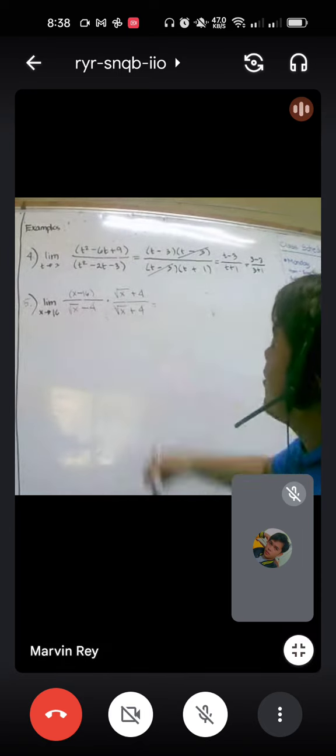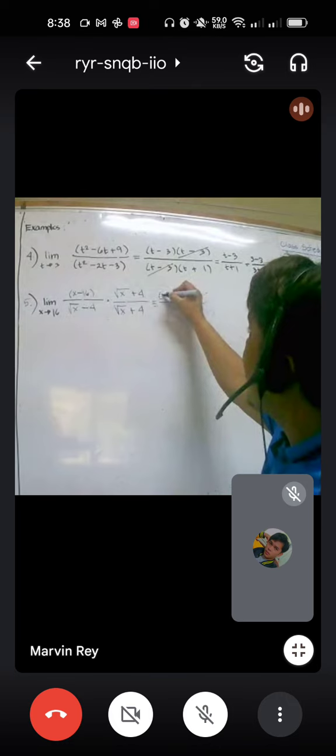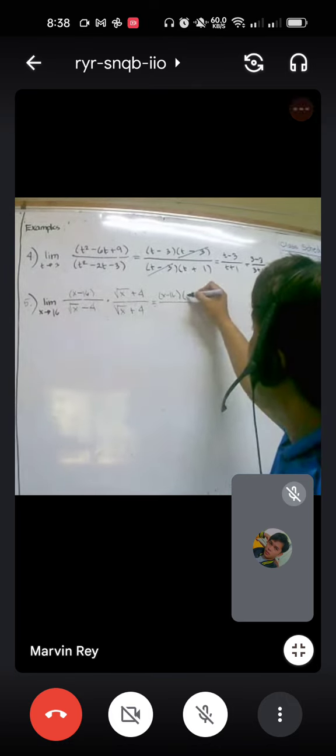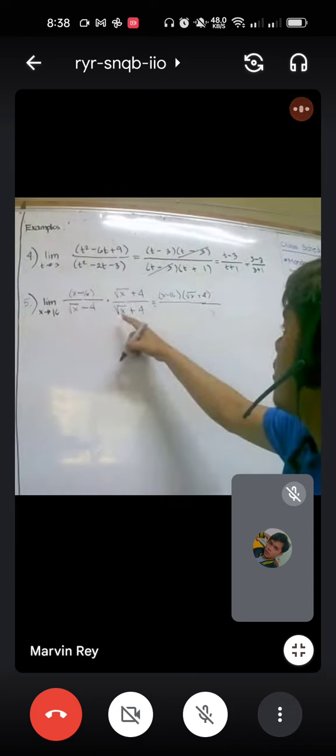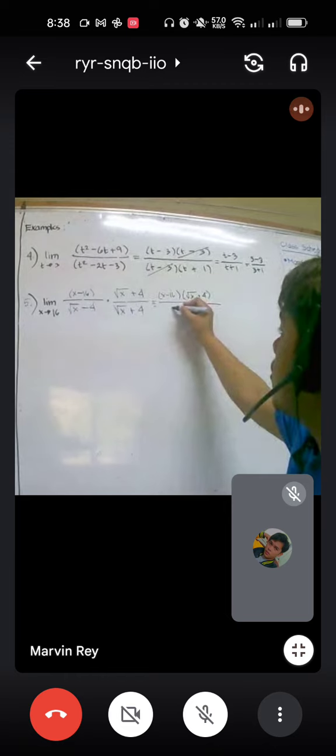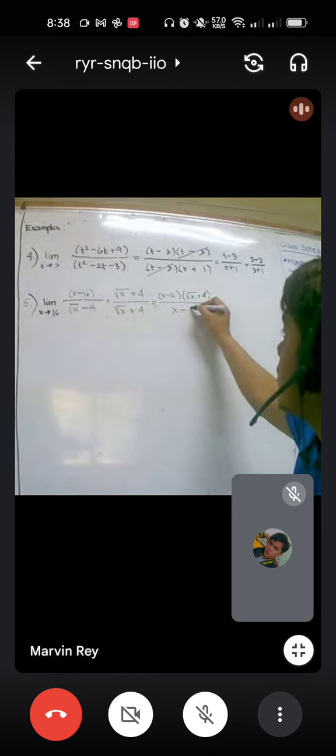Okay? So after rationalizing the denominator, you don't distribute the numerator at the top, you have to keep it factored. So square root of x plus 4 all over what? Square root of what remains here on top, which is x minus 16, right?